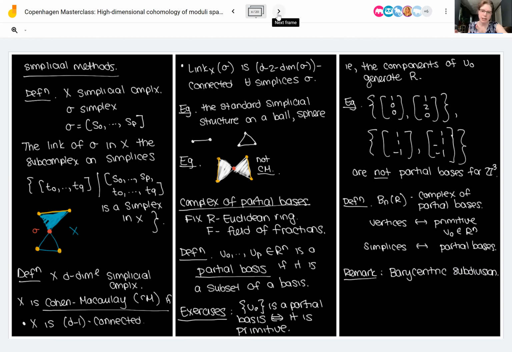So the barycentric subdivision of this complex is going to be the geometric realization of the poset of partial bases under inclusion.